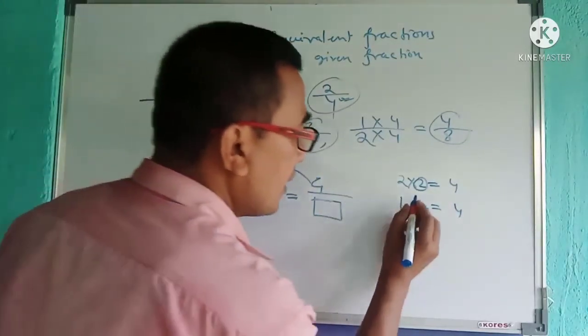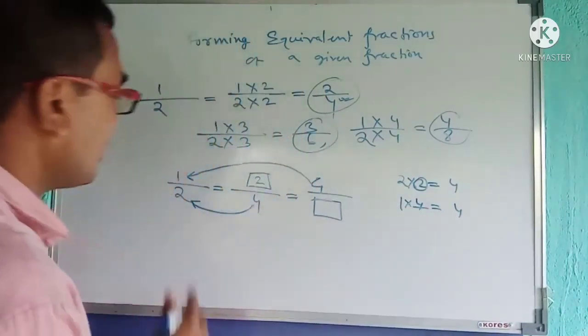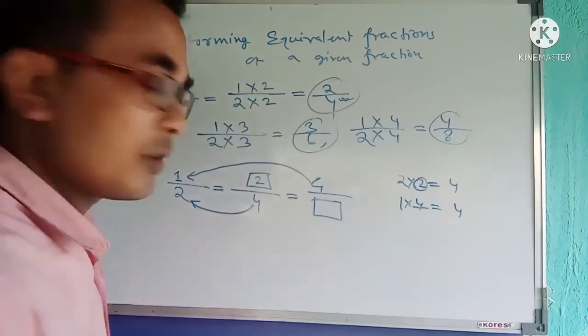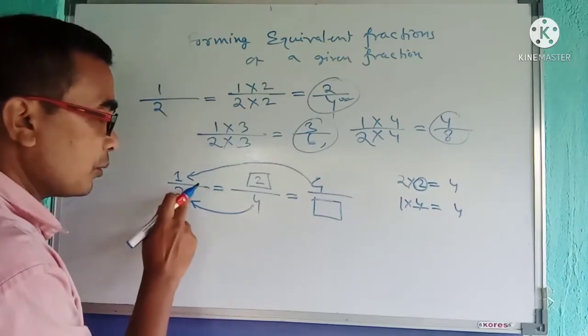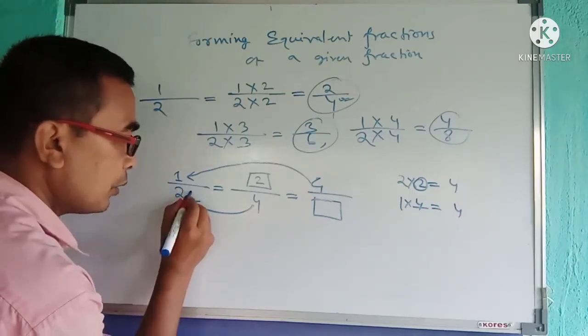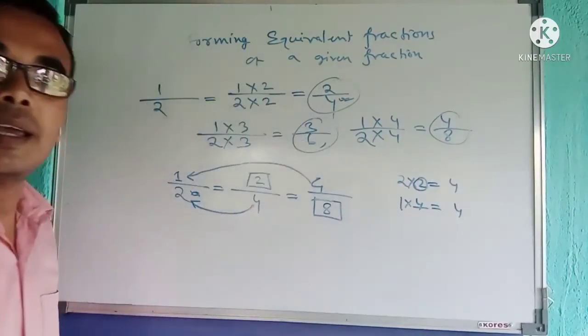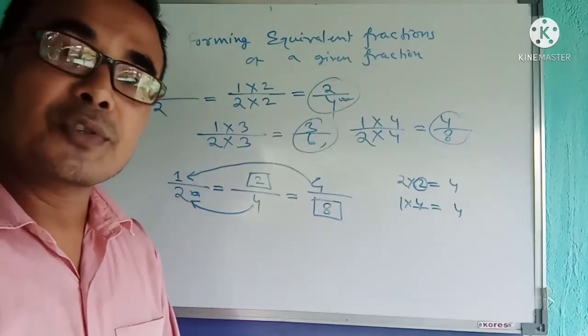So basically here 1 is multiplied by 4, 1 4s are 4, that means the numerator is multiplied by 4. So the same 4 has to be multiplied with the denominator. So 2 4s are 8. So your next result comes 8. This way we can easily form equivalent fractions of a given fraction.